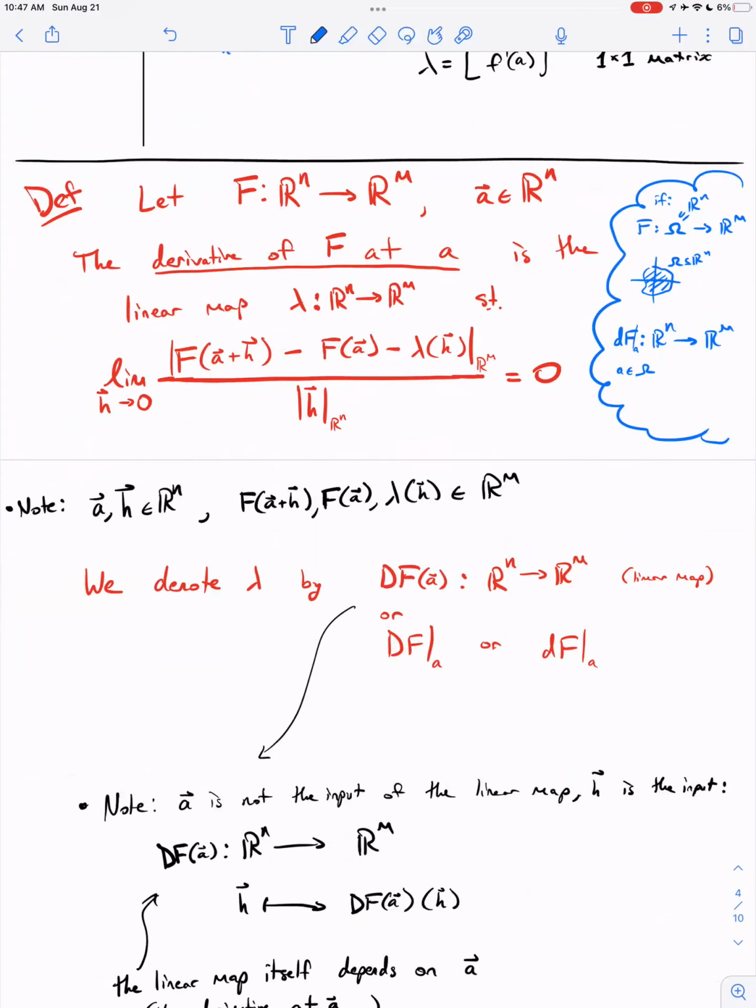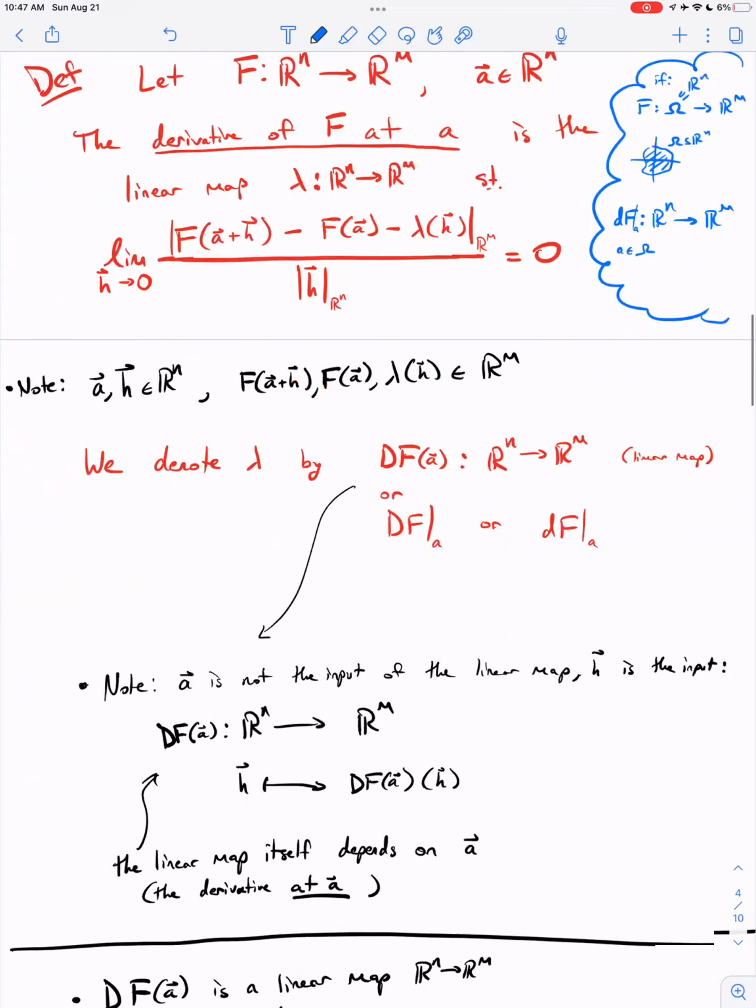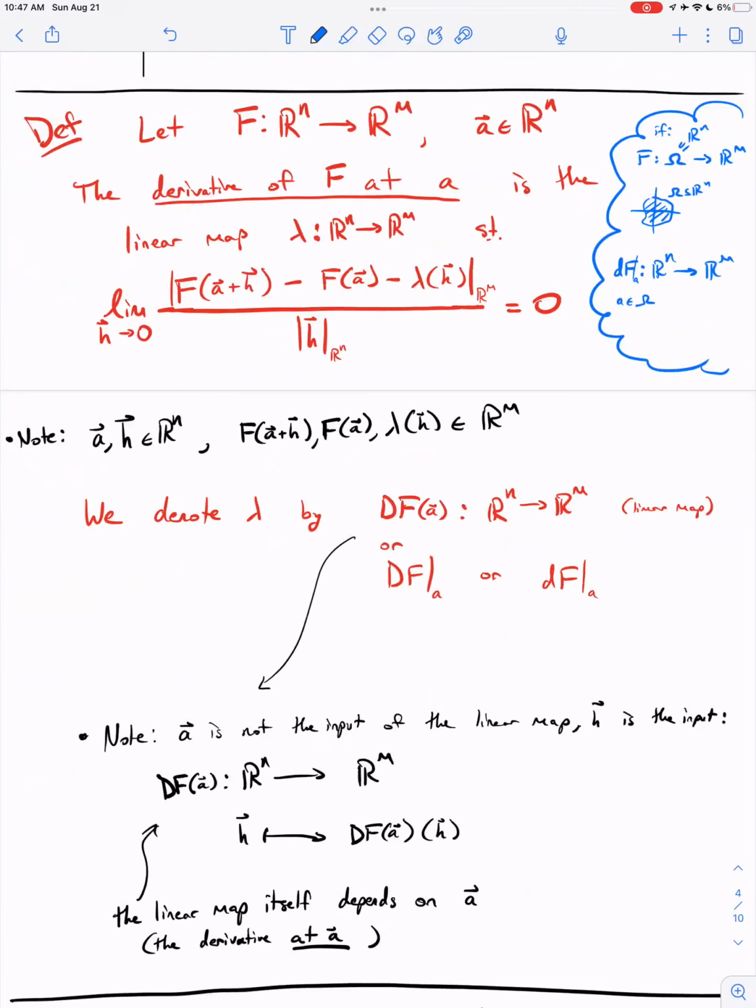Let's see. Here's maybe another important note about the way this notation works. So this linear map I'm calling df of a, but df of a is itself a function from Rn to Rn. So a is not the input of this linear function here.